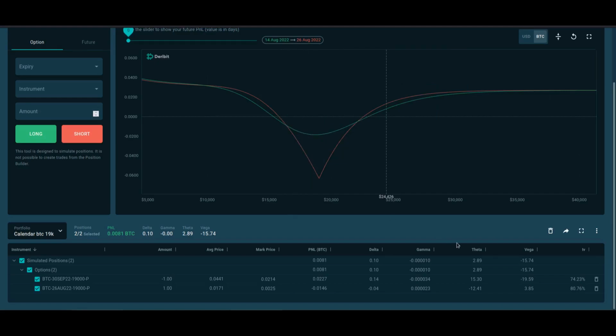So basically realized volatility can be higher or lower than implied volatility, and realized volatility will affect the real price of options.